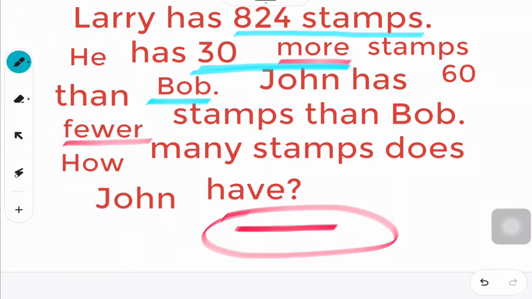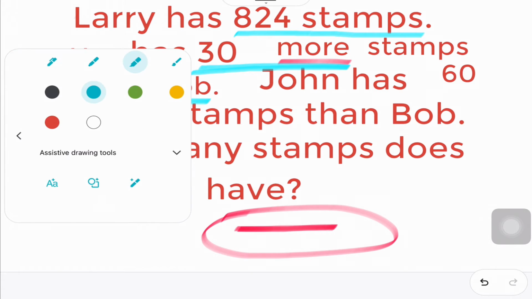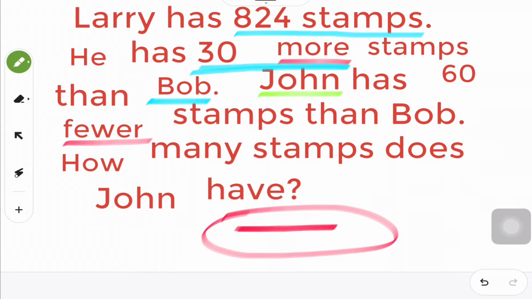Bob. And then there is another person, John. He has fewer stamps, and whom are we comparing him to? Bob. Okay. So these are the important words in this word problem. And now let's get started.